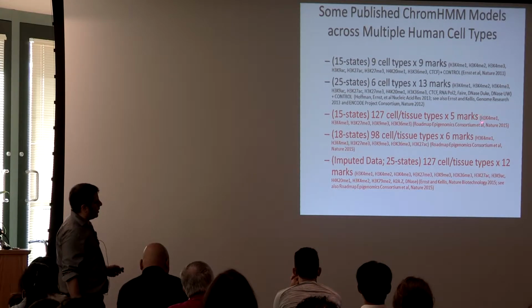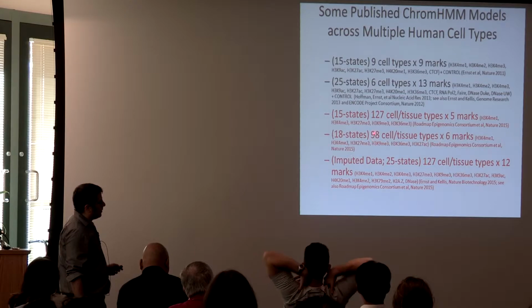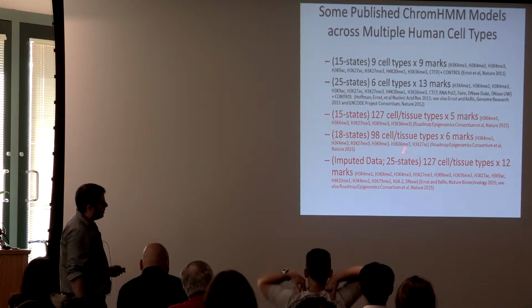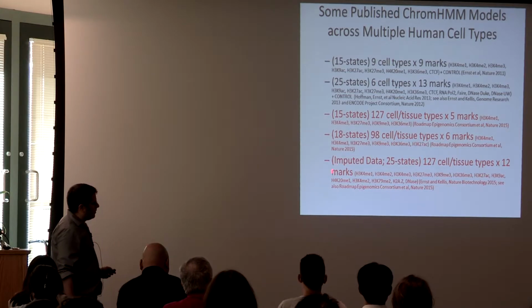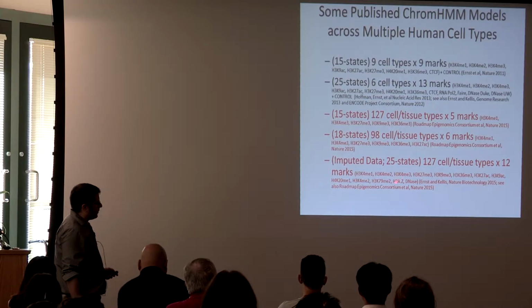We had 5 marks directly based on the observed data. There was an auxiliary model based on the observed data where we added H3K27 acetylation, but that dropped us to 98 cell types. And then, as I had talked about at the end, with the imputed data, we took the 12 marks that I've listed here, including DNase and these histone modifications.